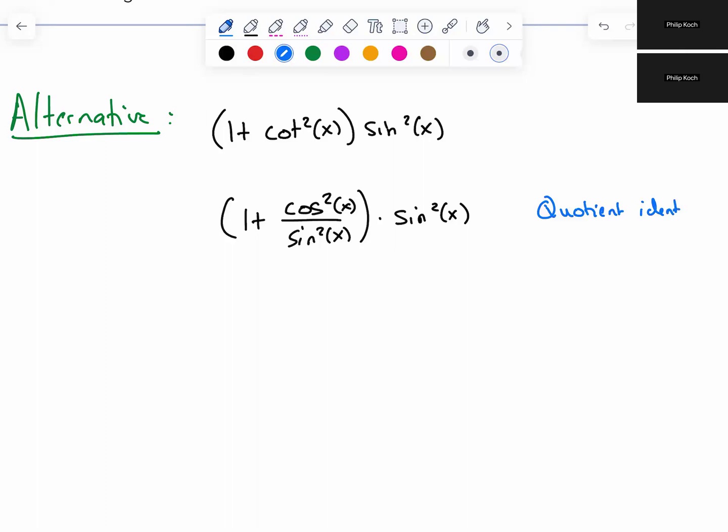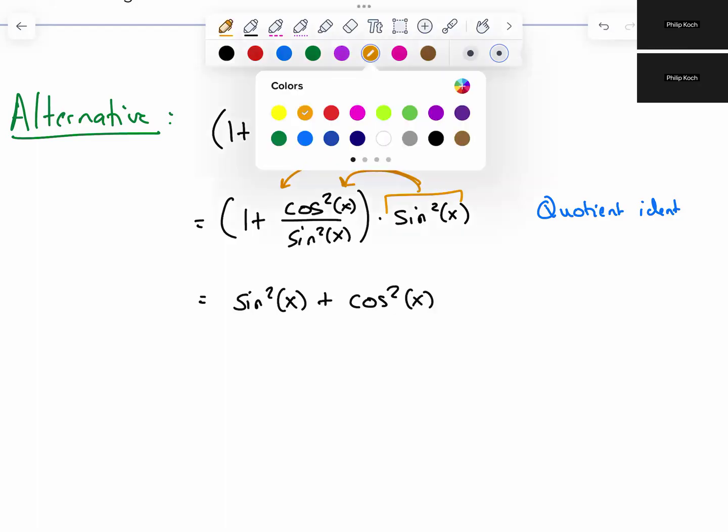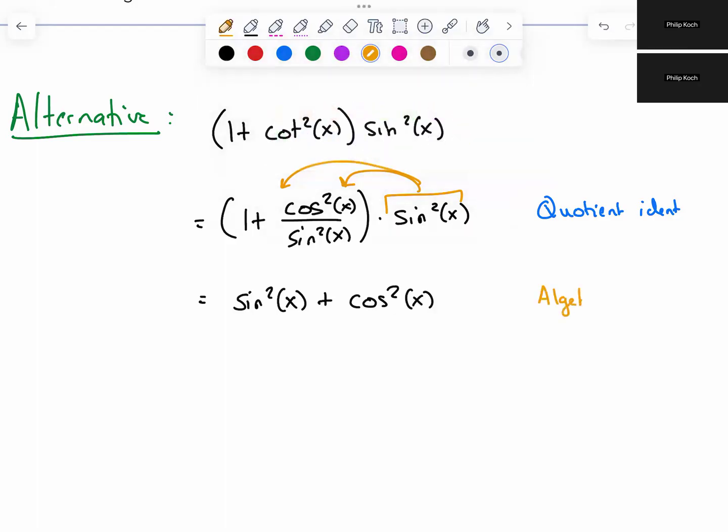Then I'll do some algebra. I'll distribute this in, and I get sine squared of x plus cosine squared of x, and that's algebra. And last but not least, sine squared plus cosine squared is equal to 1. That's a Pythagorean identity.